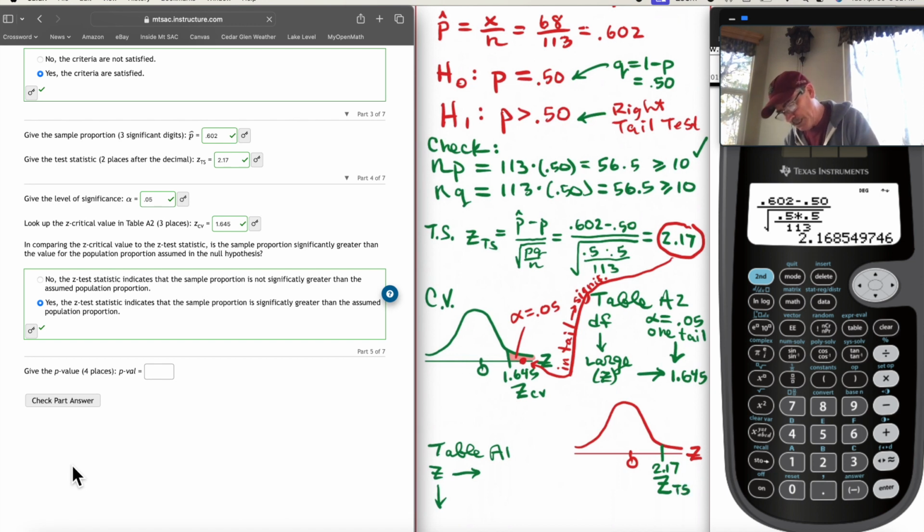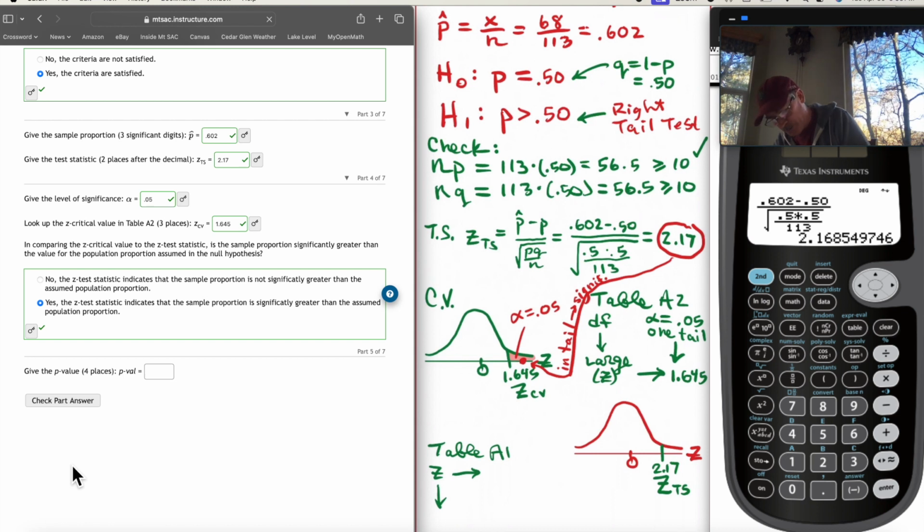We need the area to the right of that, so I'm going to shade that in, and that'll be our p-value. Okay, so we'll figure that out.